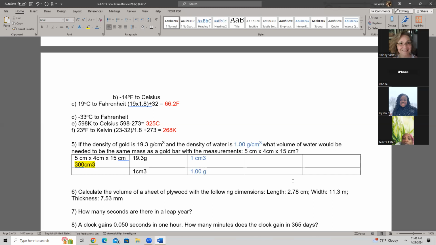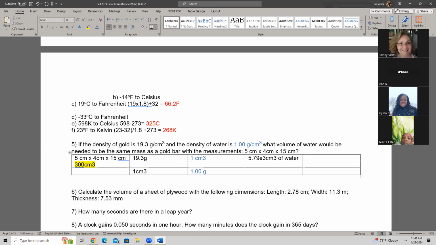And watch your sig figs. That is 5.79 times 10 to the third, but we can only keep one sig fig. And that would be centimeter cube of water.